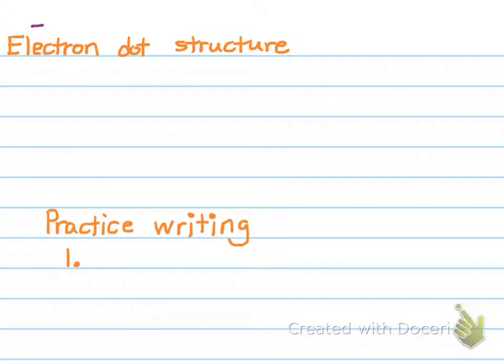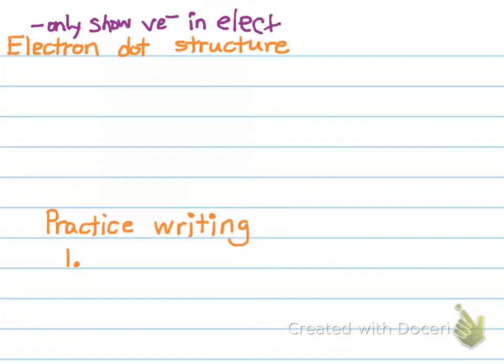Therefore, we only show valence electrons in our electron dot structures.